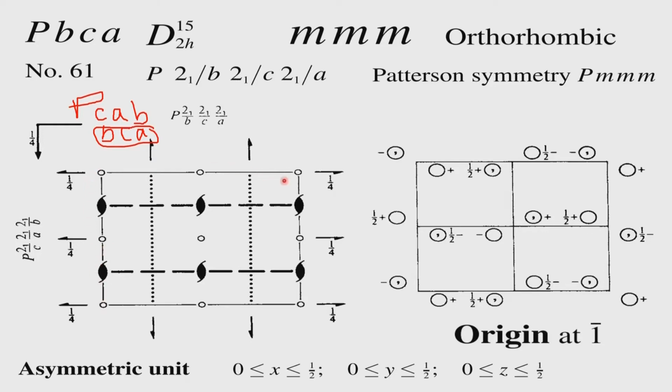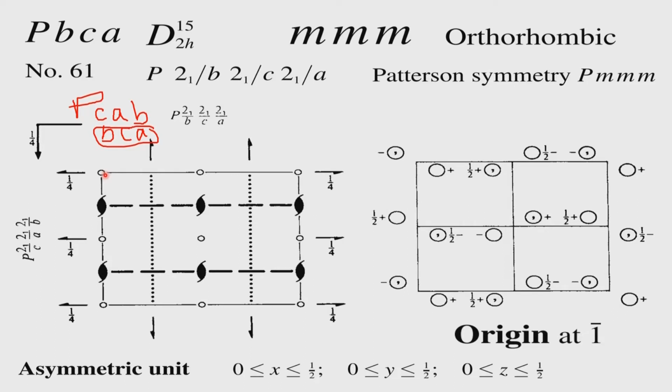That means this framework is the lattice, and this lattice we can slide in all 3 directions, and again we have the position of the center of symmetry fixed. And since the center of symmetry is a fixed position, we will have special positions when the atom or molecule or the system which we are discussing sits at the center of symmetry position.